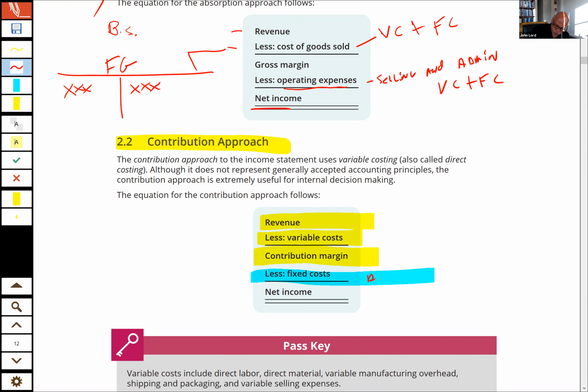So all fixed costs mean what? Our admin fixed cost. What other kind of fixed cost can we have?